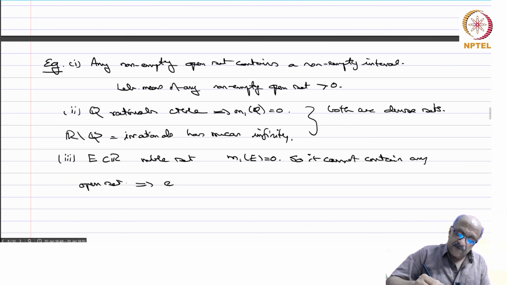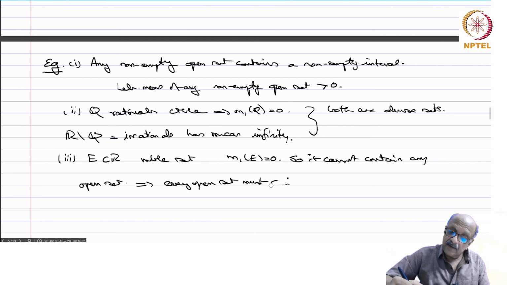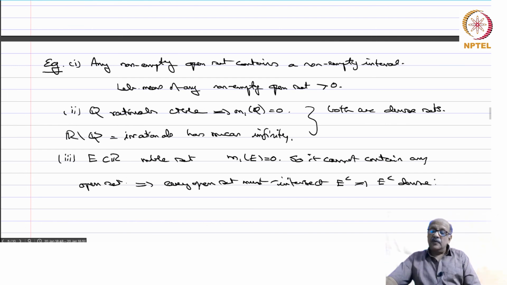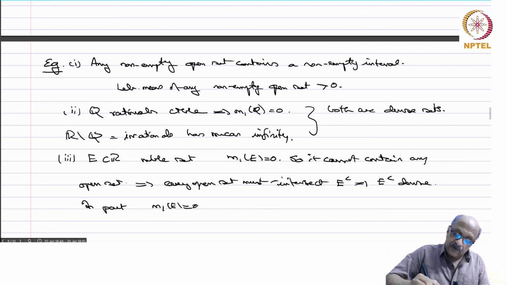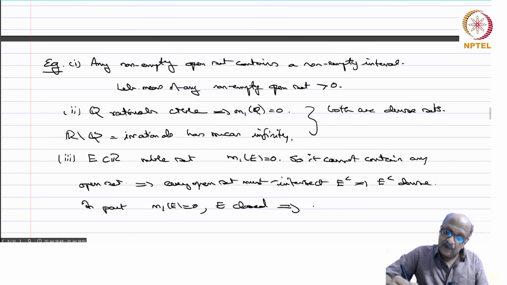So this implies every open set must intersect E complement. This implies E complement is dense. So you can have a dense set of measure 0, but if you have a set of measure 0, its complement is always dense. Okay. In particular, M1 of E equal to 0, E closed, that means its interior is empty. This implies that E is nowhere dense.